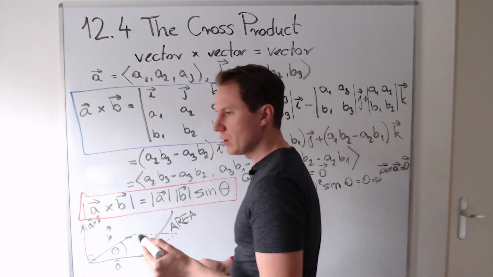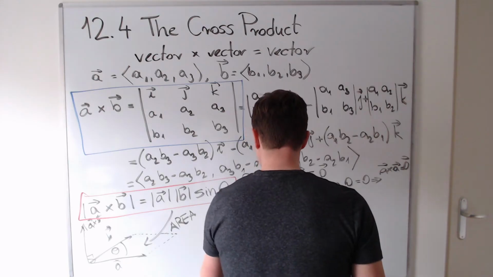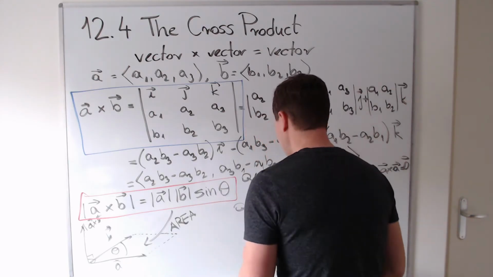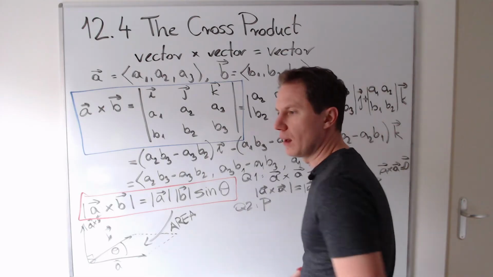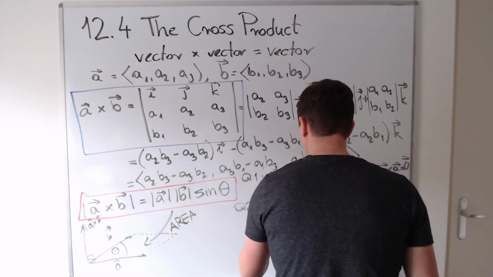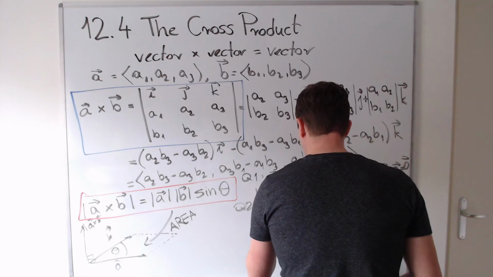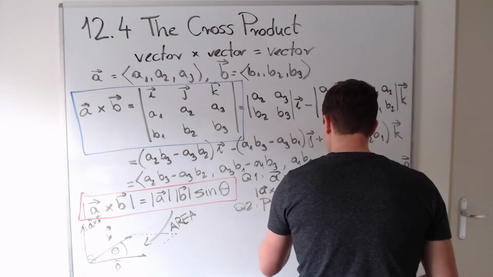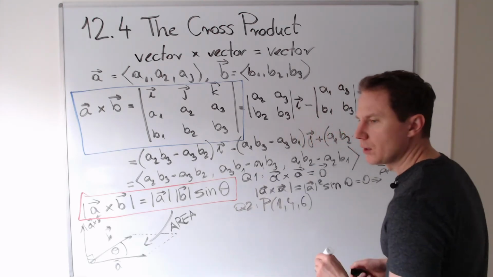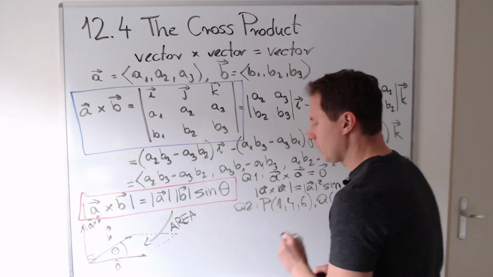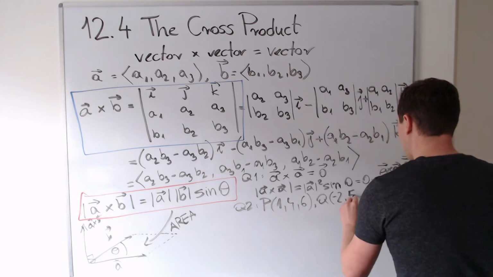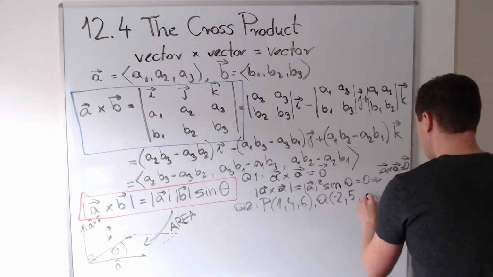My second question is, take 3 points in 3D space. So point P should be 1, 4, 6. Point Q has coordinates -2, 5, and -1.